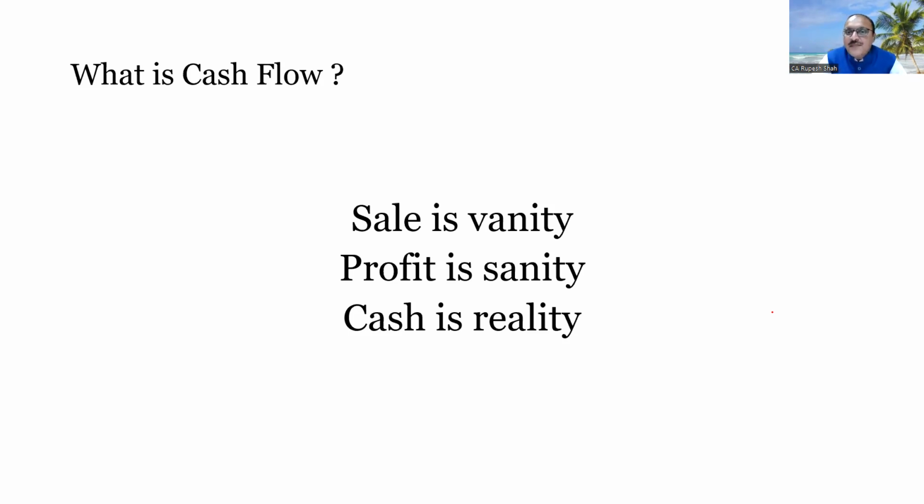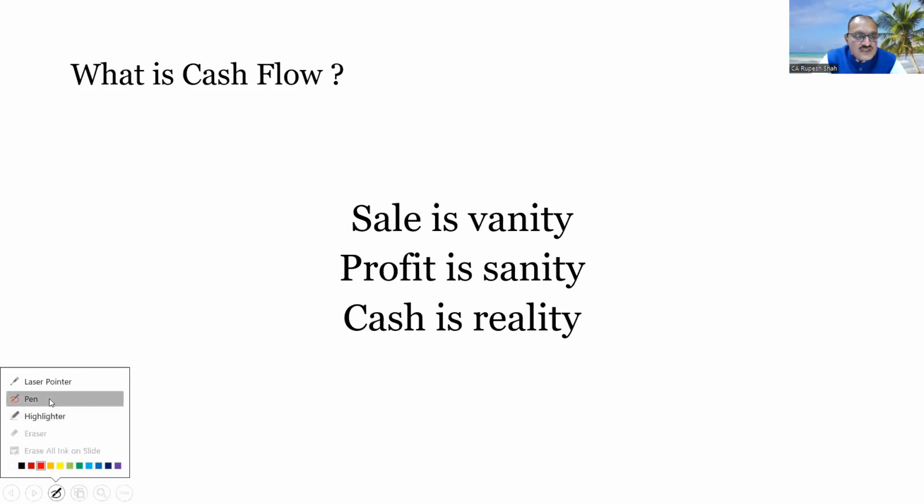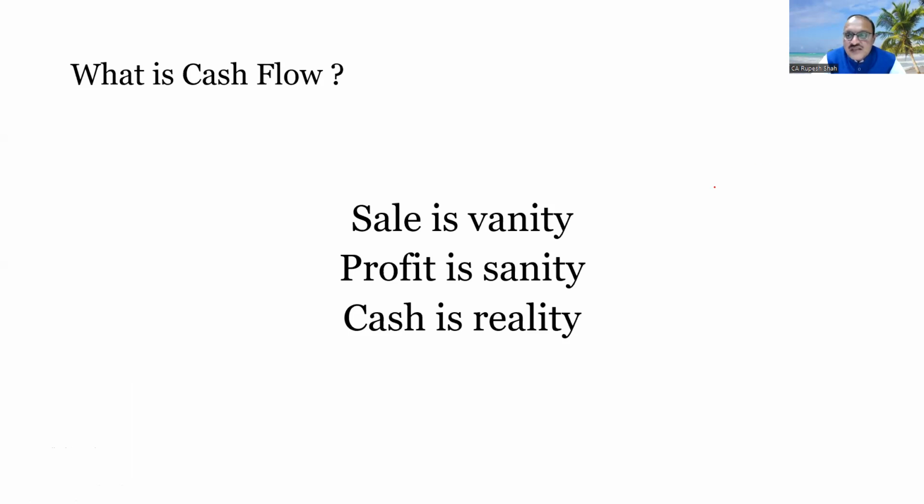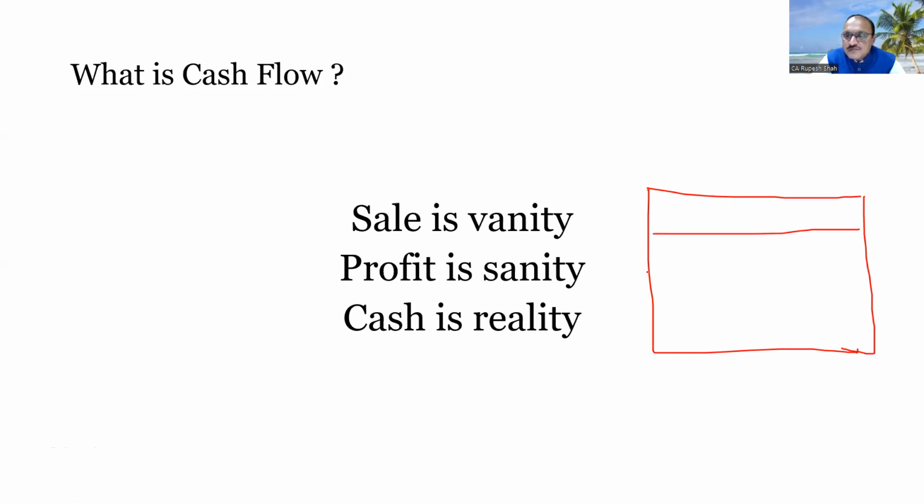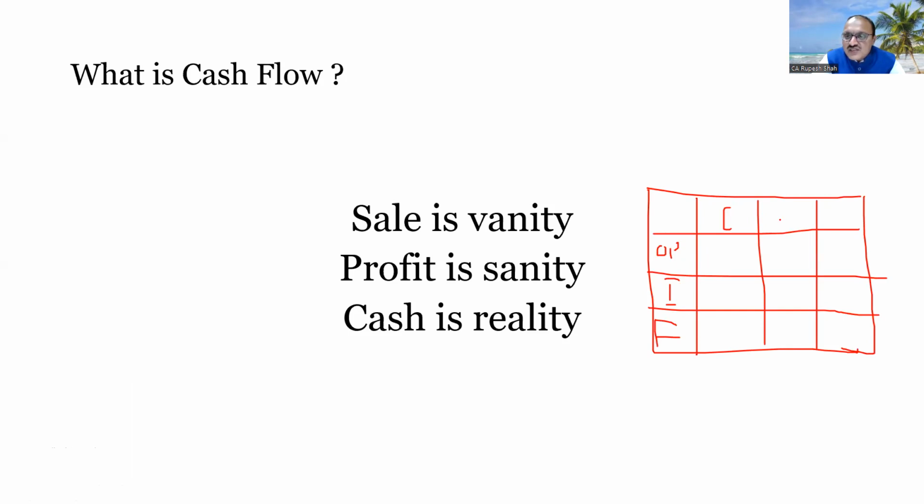Correct? Everybody clear? Now I will again revisit the original framework which I gave in the beginning. That business is nothing but the 3x3 matrix from our perspective. Say my operating bucket, my investment bucket, and my financing bucket, and my cash transactions, non-cash transactions, and accruals, right?